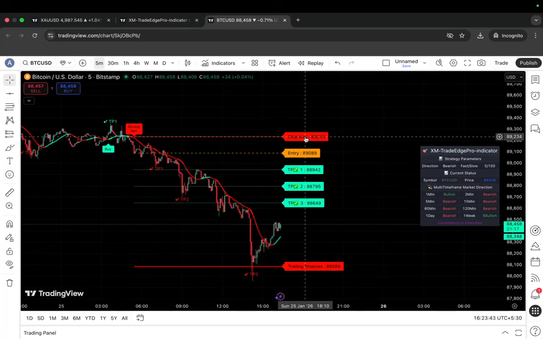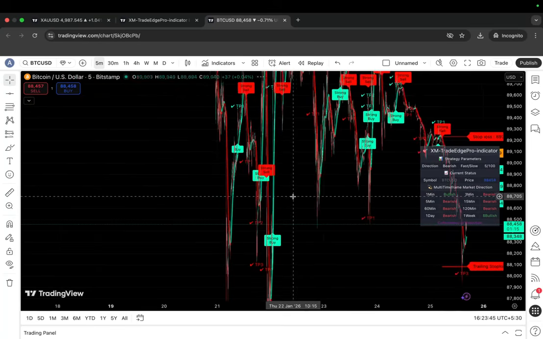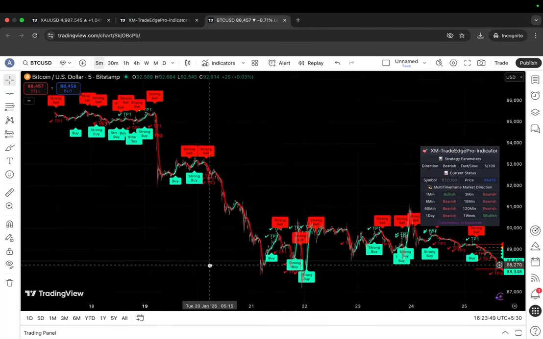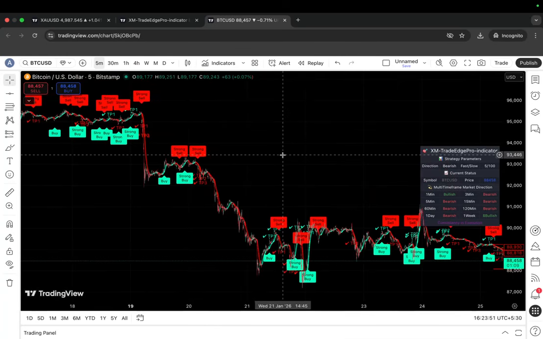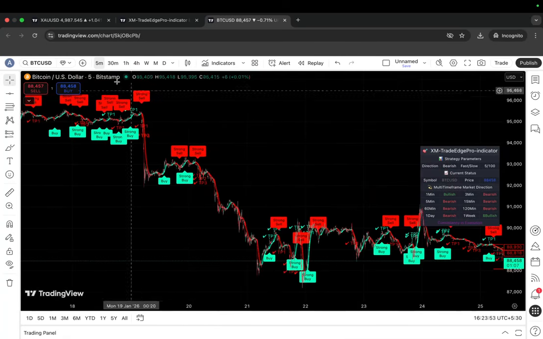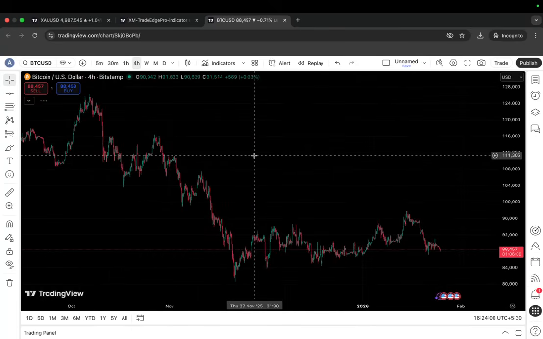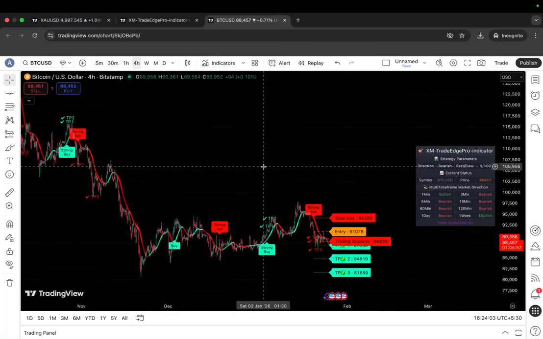So we have to follow these things and keep on booking smaller profits rather than waiting for a big profit. For big profit you obviously don't trade on a shorter time frame, you go to the 4 hour or daily time frame, where we can catch a bigger trend to book profit.